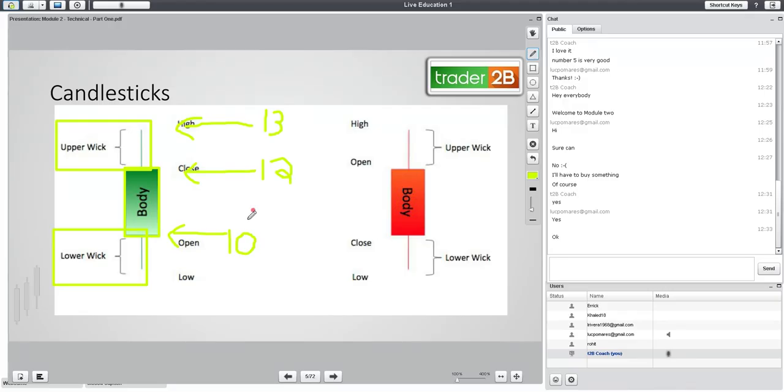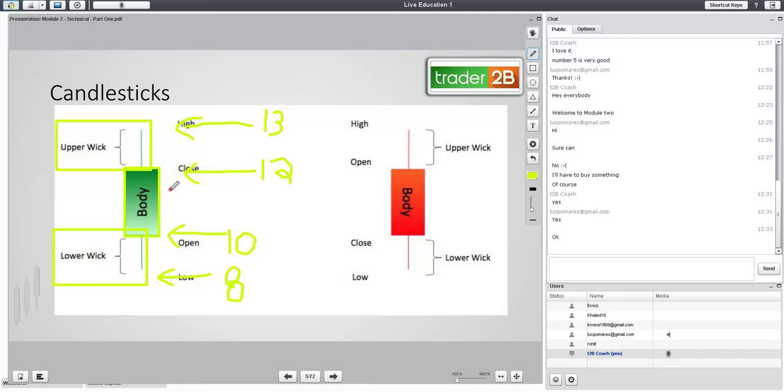So the $10 to $12 would represent the body. The wicks represent the highs, in this case the $13, and here we can also say this represented the low of $8. So in this particular candle, we can see that the absolute low was $8, the absolute high was printed at $13, the market opened at $10, and the market closed at $12.